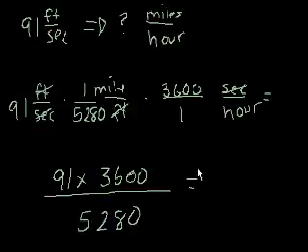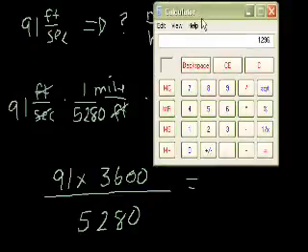And this time around, I'm actually going to use a calculator. Let me bring up the calculator just to show you that I'm using a calculator. Let's see. So 91 times 3,600, whoops, I messed up. Oh man, I keep messing up.